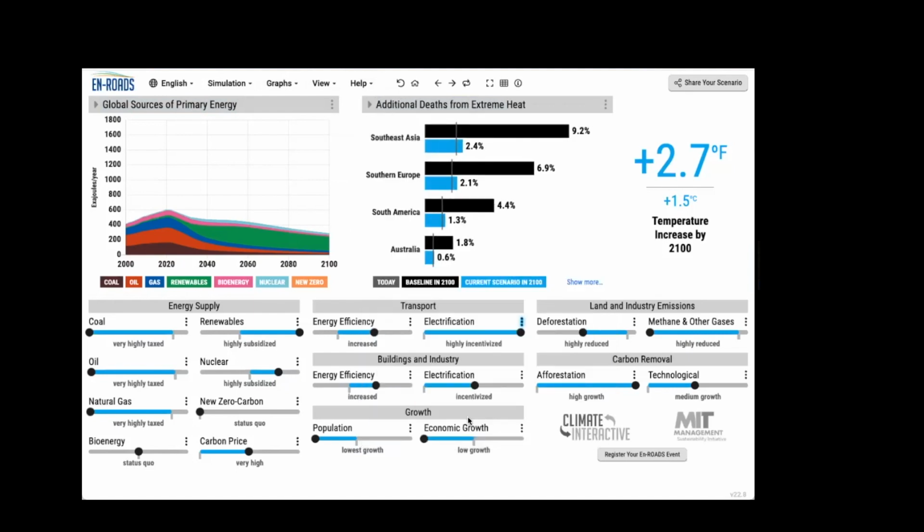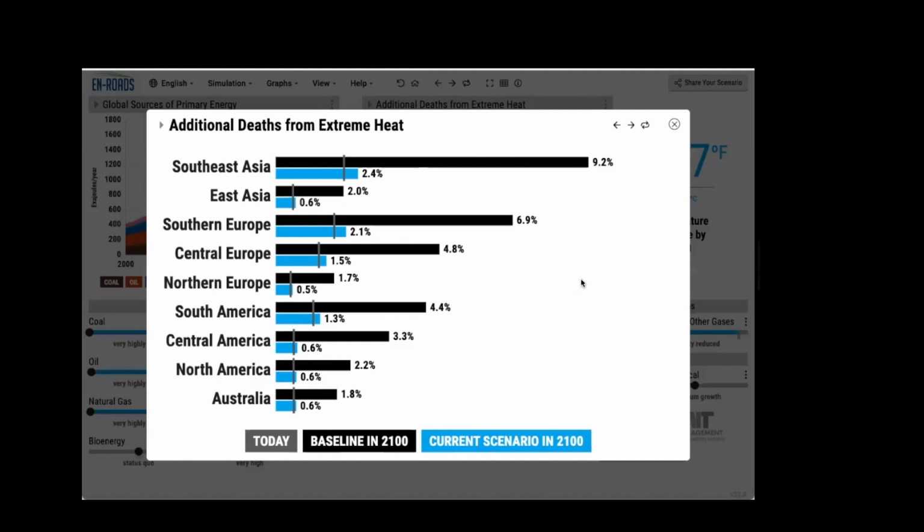And then I'm still going to look at impacts. So additional deaths from extreme heat: the baseline model is that for Southeast Asia, you'd cut it probably to a fourth of additional deaths. East Asia, maybe a third. North America wouldn't have as big of an impact, but still reduces the impact there.